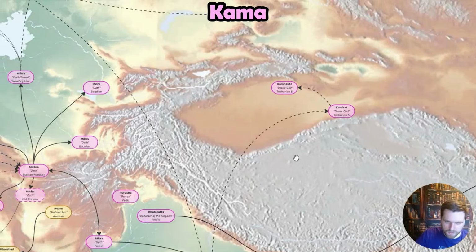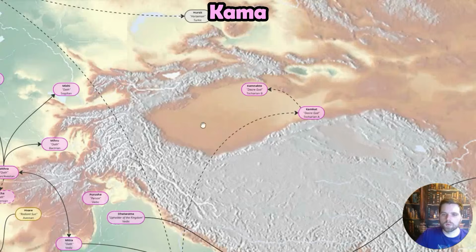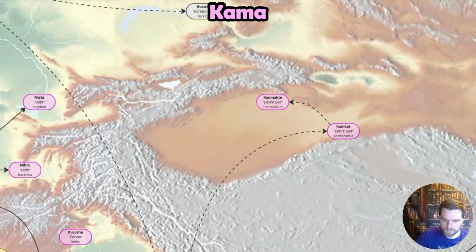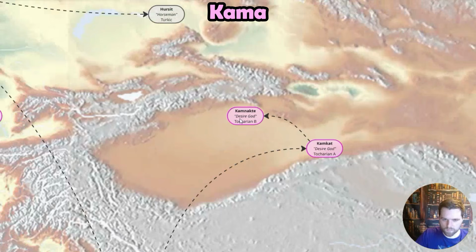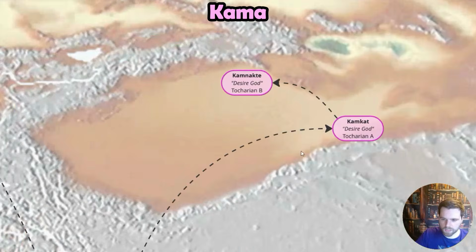And you could go back and think, oh my god, that must be some sort of Indo-European ancient root. But by the time that these were being referenced, there had already been Buddhist influence in Tocharia, moving eastward into China. So this is thought to be derived from Kama, actually, in India.